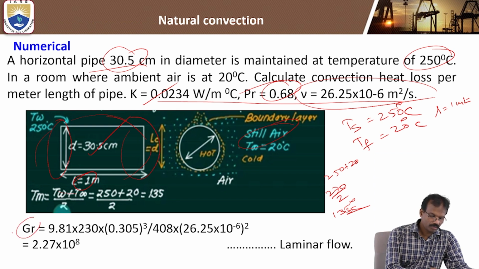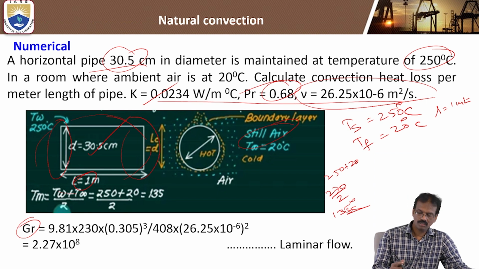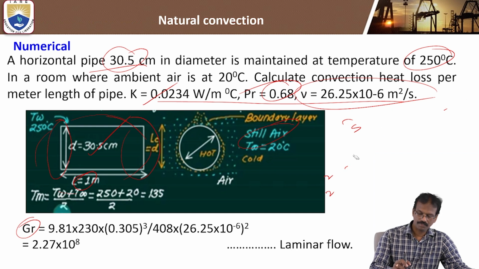So you know the formula of the Grashof number. Grashof number is equal to g beta into delta T into Lc cube by kinematic viscosity square. The kinematic viscosity value is given. Lc is also the diameter.